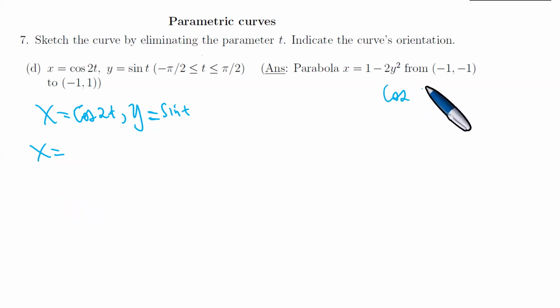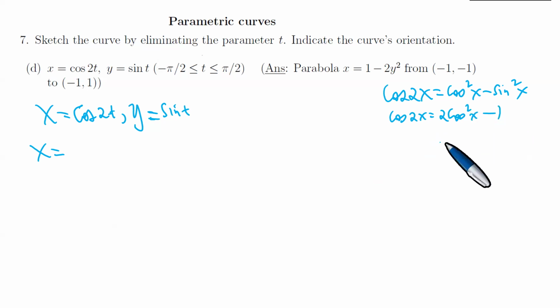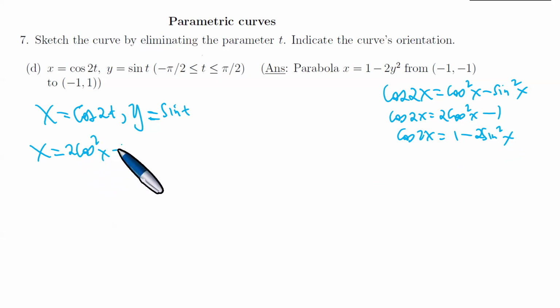We know that cosine 2x, normally we use x, is the same as cosine squared x minus sine squared x, which is 2 cosine squared x minus 1, or 1 minus 2 sine squared x.